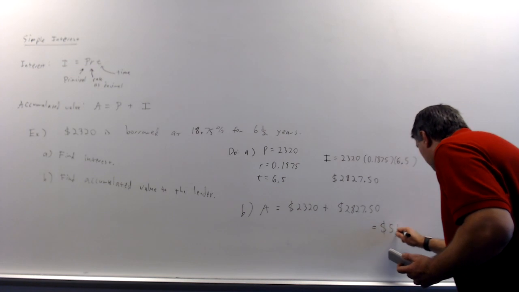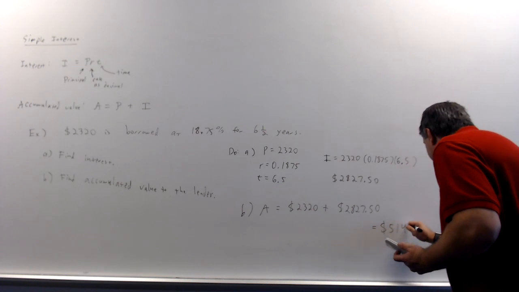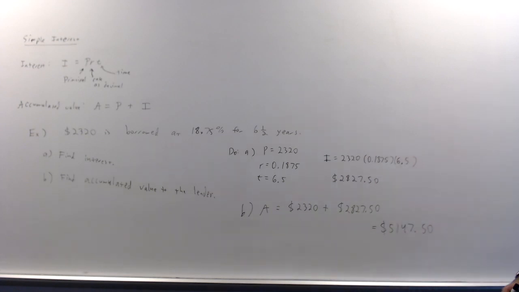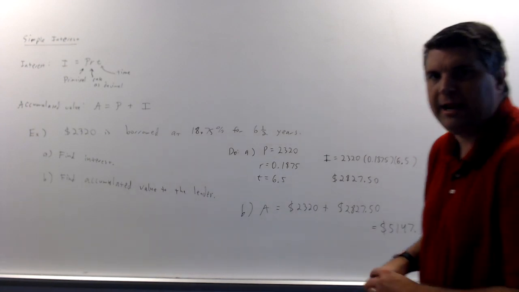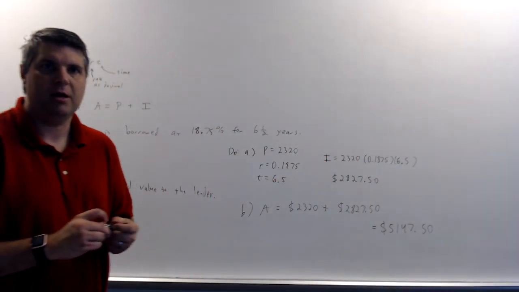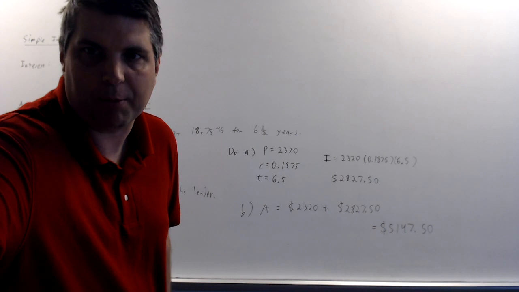Equals $5,147.50. Okay? I'm going to pause here and put up other types of interest formulas.